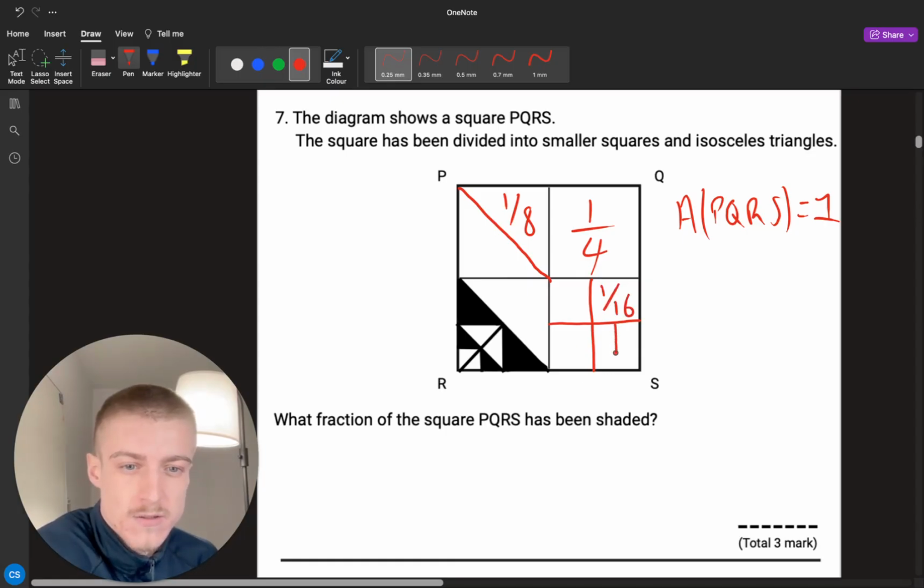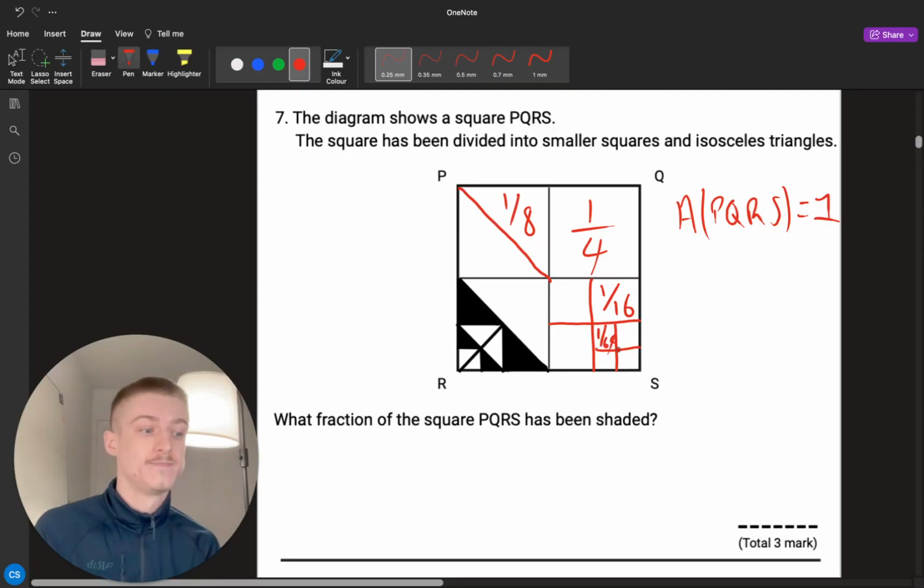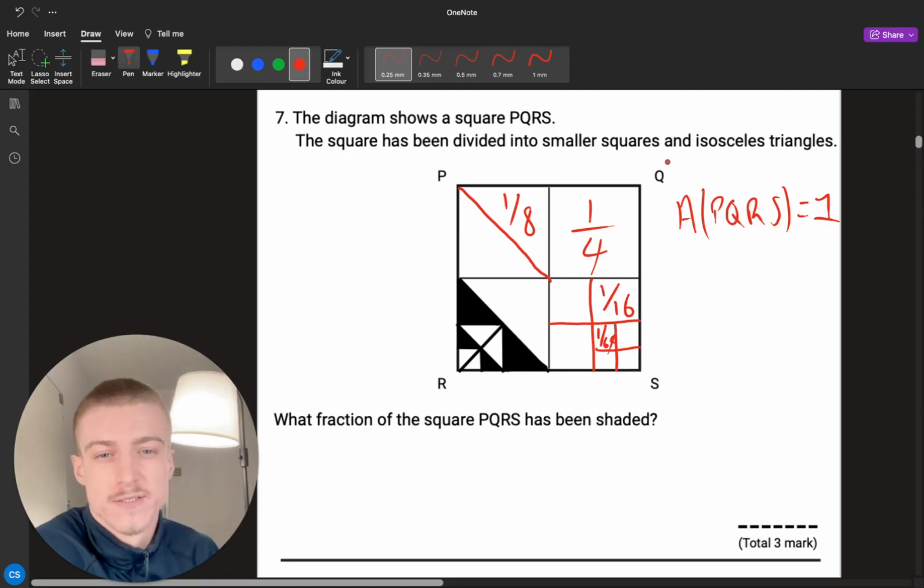And if we divide those even further, then 1/16 divided by 4 is going to be 1/64. Okay? Now let's look at the section that we're interested in, the shaded regions. We know that we can split this up.